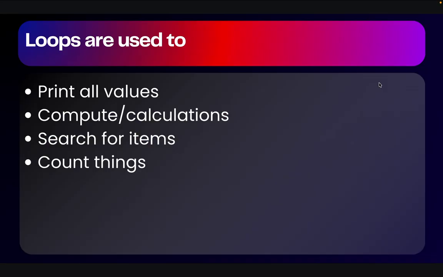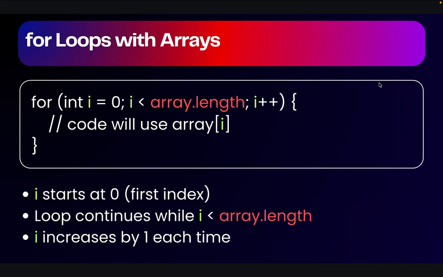When you use loops, you can do things like printing the values, doing different math calculations with values, searching for particular things, or even counting the items in your array. When we are looking at loops with arrays, typically you are going to be using for loops.